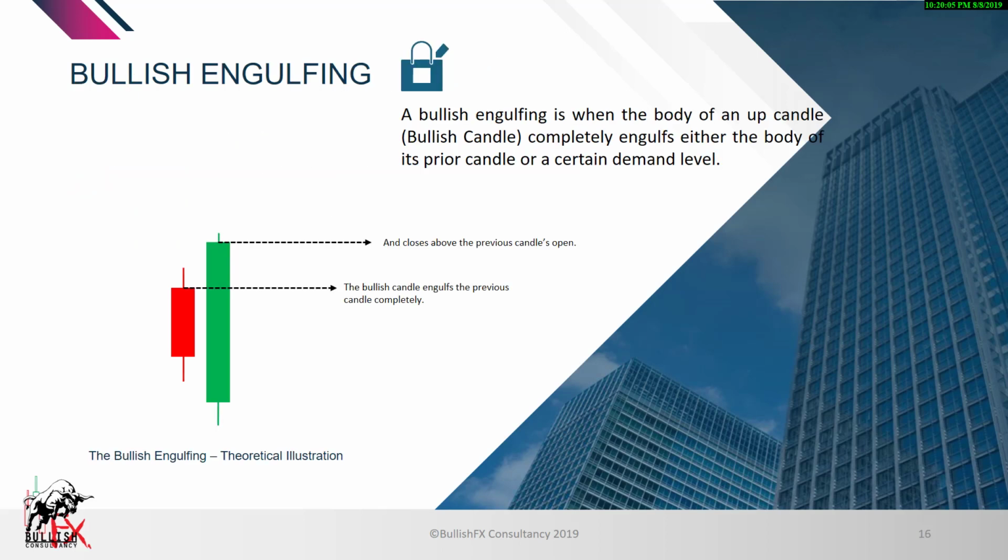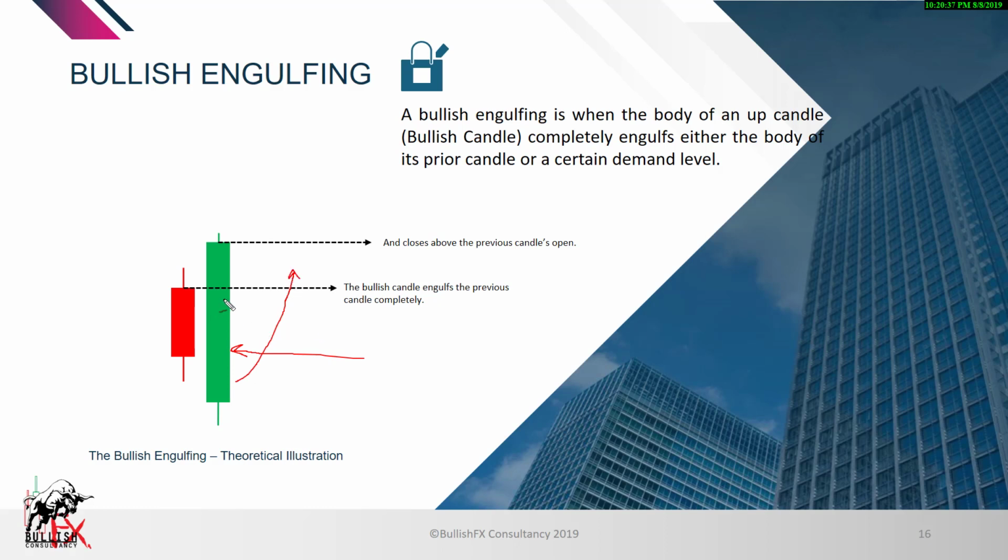Now let's look at an illustration of a bullish engulfing. A bullish engulfing is when the body of an up candle, which is bullish, completely engulfs either the body of its prior candle or a certain demand level. So you can see we've got this huge bullish candle moving to the upside.